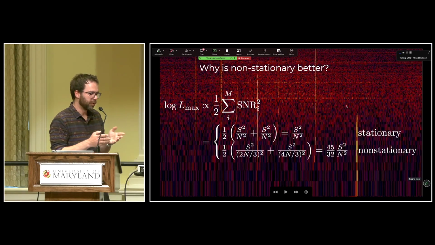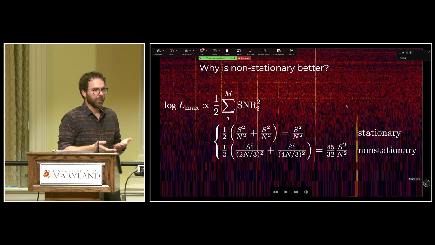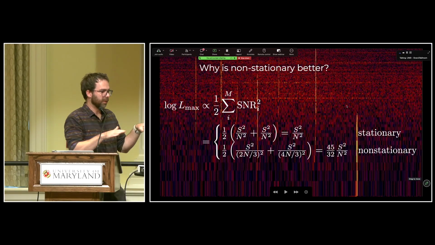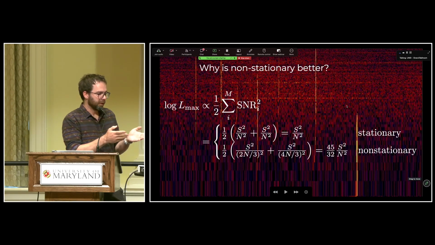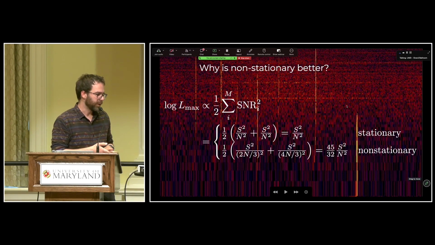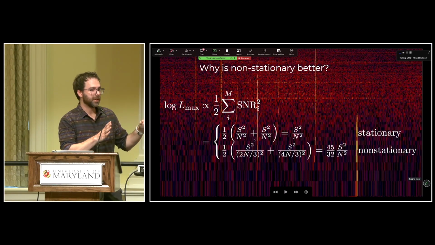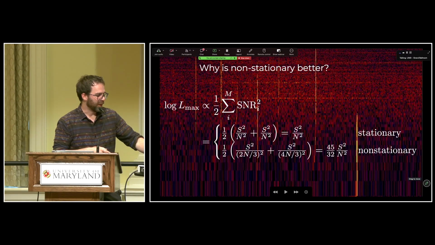I've been talking to a few people about this and thinking about it. Why is non-stationarity better? Why is it helping us out, even though the stationary analysis should give you the same average noise level? One way to think about it is the maximum log likelihood should be something like the SNR squared. In the stationary case, say we had stationary noise, 2 data points, then you get one value.